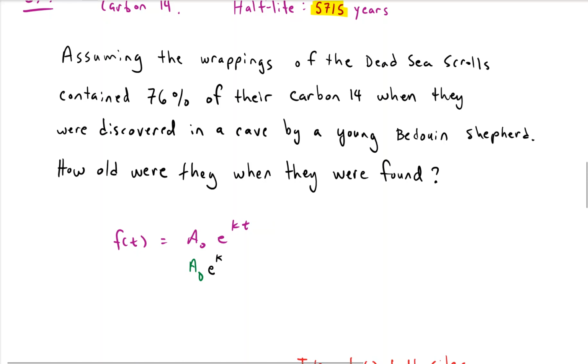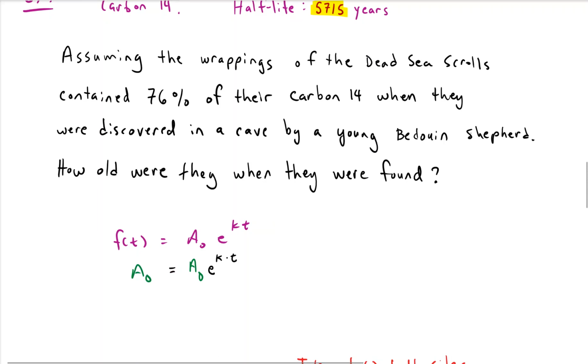So we have e to the k times t, and this equals, well, whatever's there at time t, so some portion of A0, right? After some time t, what was originally there decays, and we have some fraction of that amount.